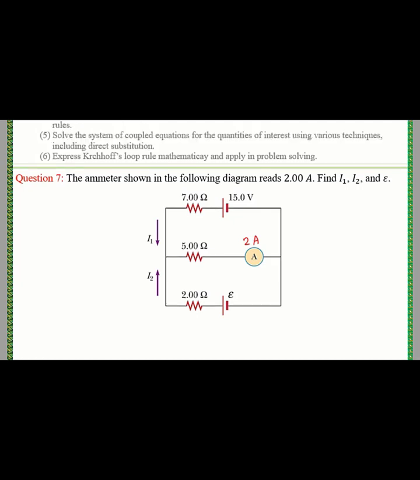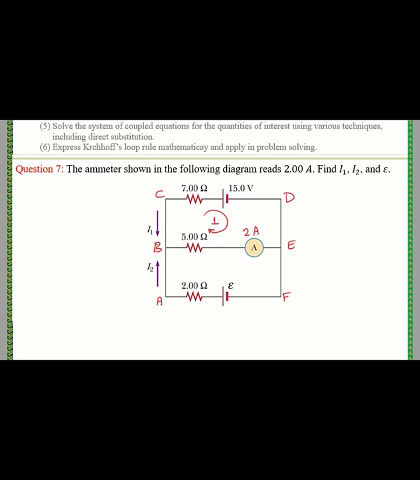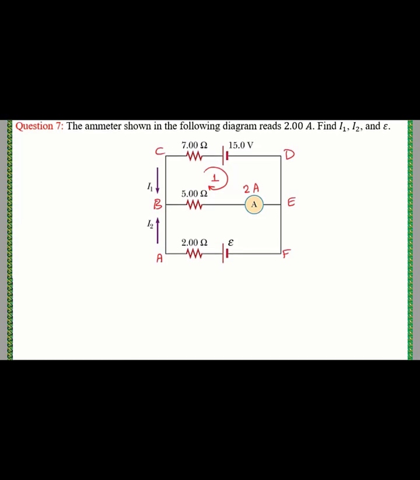First, put some symbols on the diagram: A, B, C, D, E, F. We have a current from E to B. So let us take this loop and apply Kirchhoff loop rule in that one to find I1. Let us name this current as I3.